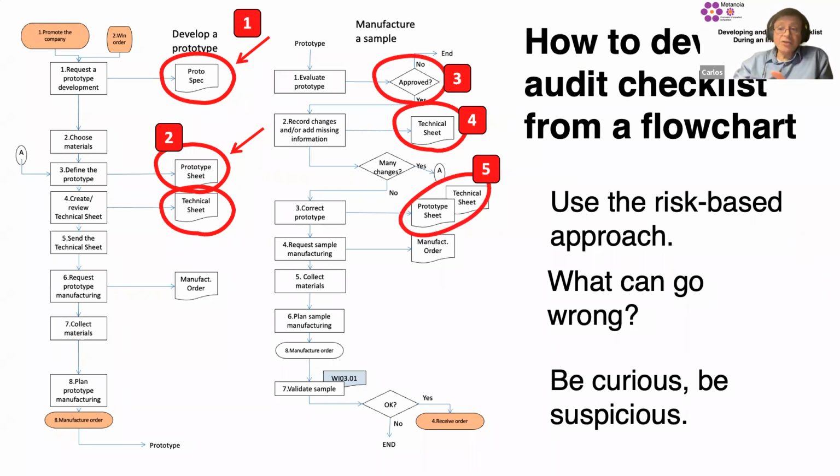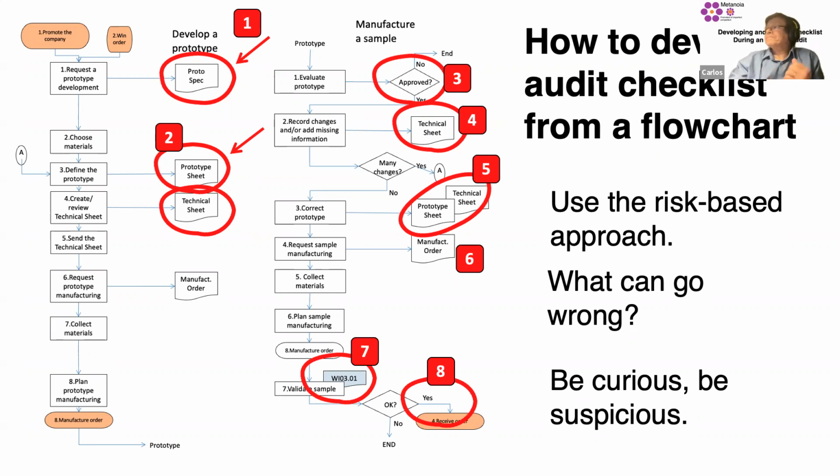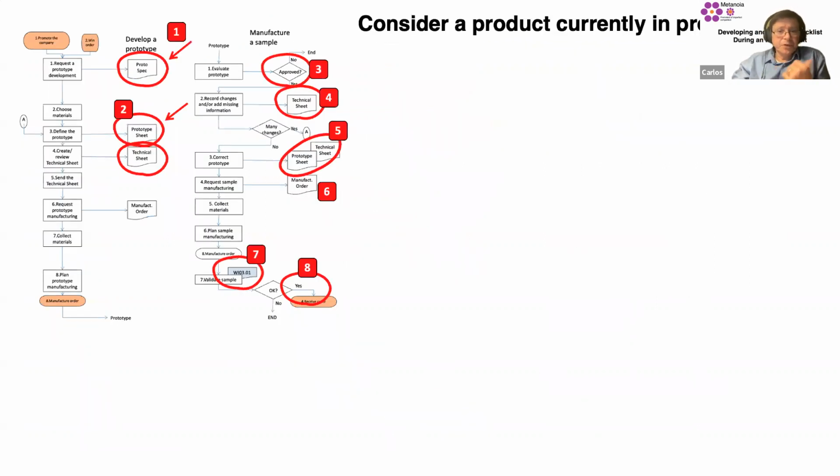I can ask to see the sample manufacturing order, but perhaps it is not relevant. I can ask to check this work instruction. Let me see here. And yes, I want to see evidence of sample validation. What more? So now, based on my marks, I start developing a set of questions and requests to see records.